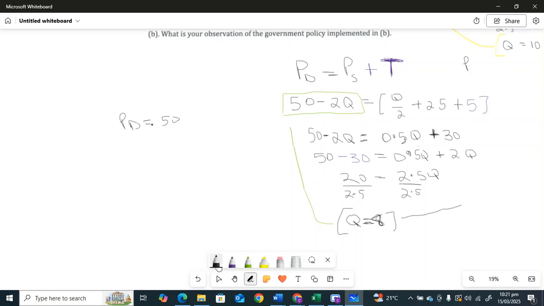So for PD, 50 minus 2Q, 50 minus, Q is 8, 2 times 8, that is 16. 50 minus 16, 34.